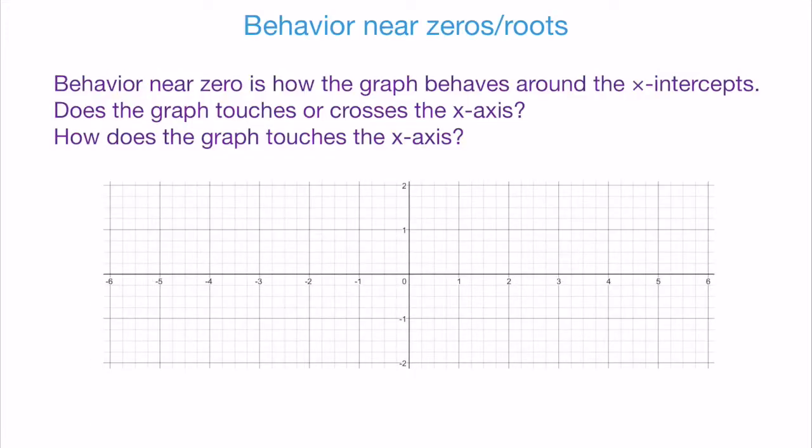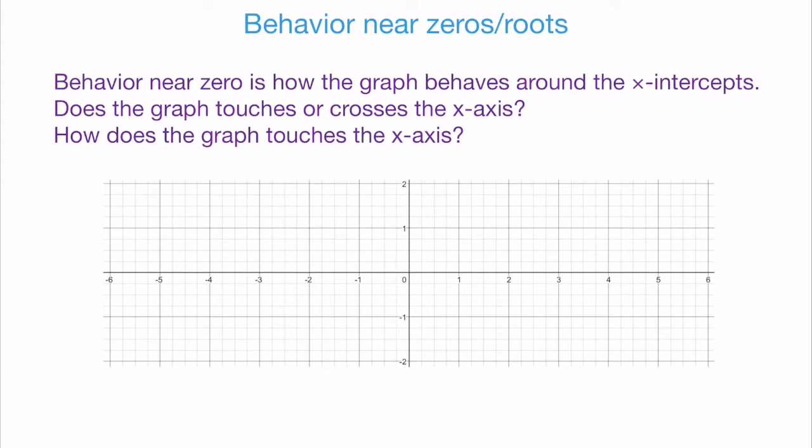Now we will analyze behavior near zeros or roots. That is, what is our graph doing around the x-intercept? Is the graph touching or crossing the x-axis? So we have all those possibilities. For example, if my graph crosses the x-axis here at -4, does it cross like a line going down, or like a line going up?